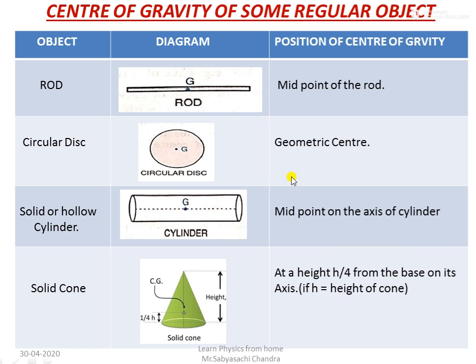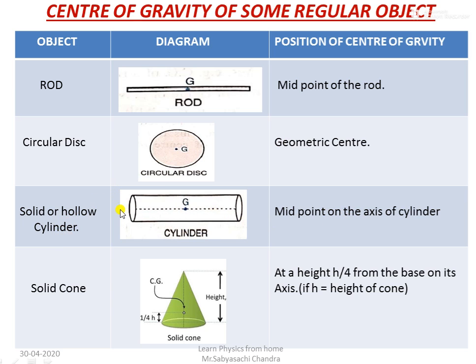Now I make a list of some regular shapes of objects and where the center of gravity lies in that kind of object. If we consider a straight rod, the center of gravity lies at the midpoint of the rod. For a circular disc, the geometrical center and the center of gravity will be the same point. In the case of a solid and hollow cylinder, it will be the midpoint on the axis of the cylinder.